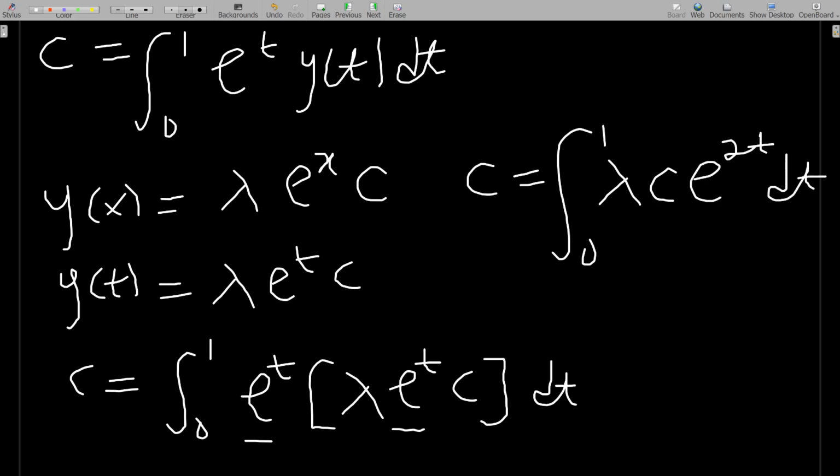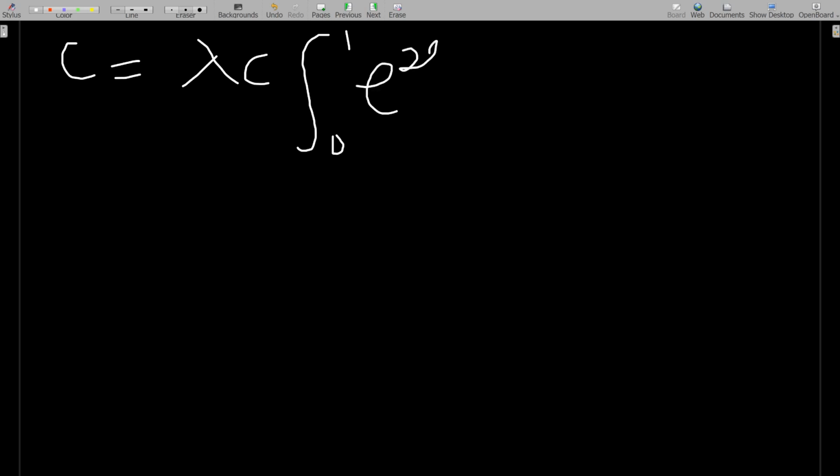But lambda and c are both constants in terms of t, so c equals lambda c out, integral from 0 to 1 of e to the 2t dt.